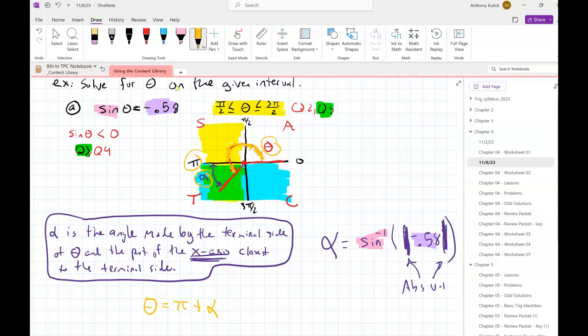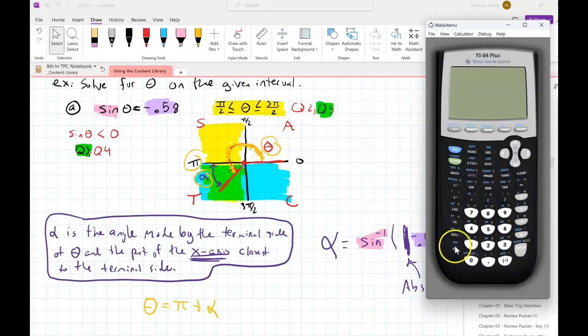So now it's calculator time. That's all I needed the picture for, was to get that equation. But it's really important. That equation is going to be different depending on what quadrant your answer's in.